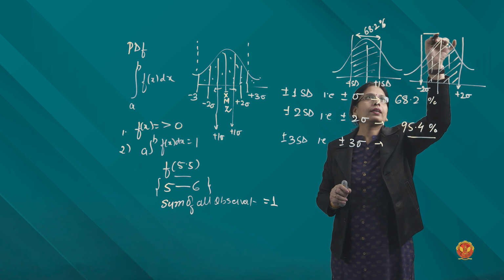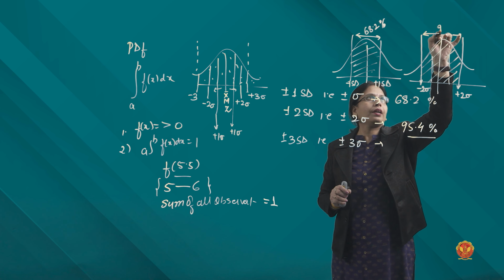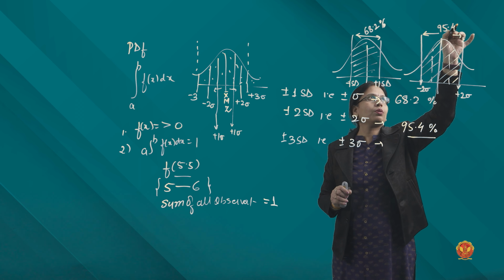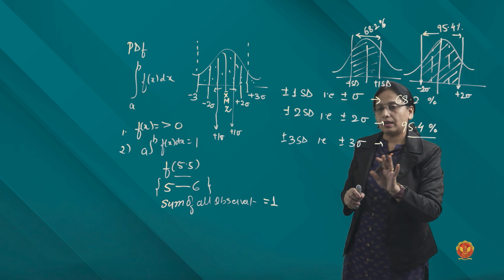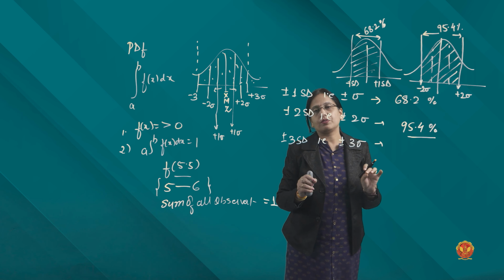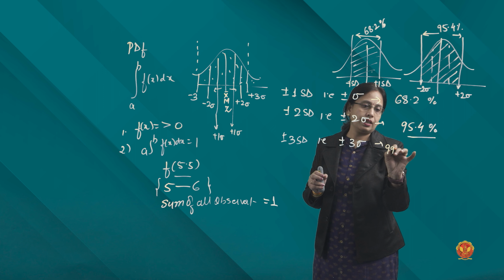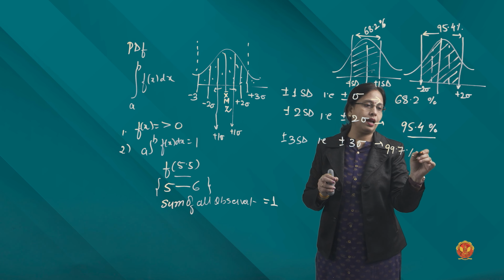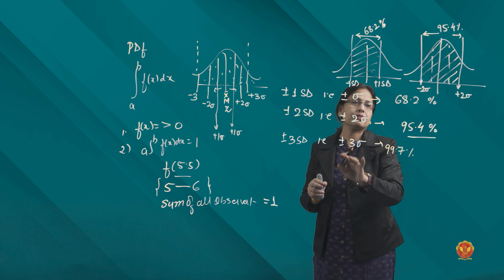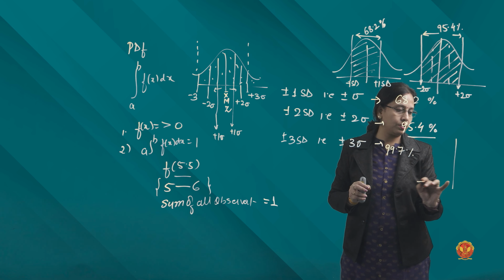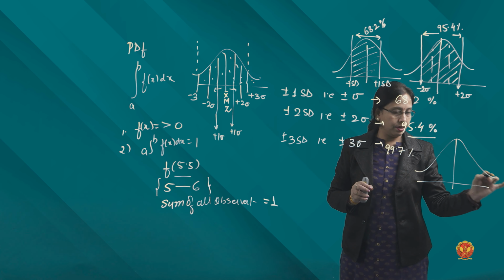So here I can say it is 95.4%. And the last, the majority of the observations, that is somewhere 99.7%. 99.7% lie between plus minus 3 standard deviation. Plus minus 3 standard deviation is like this.